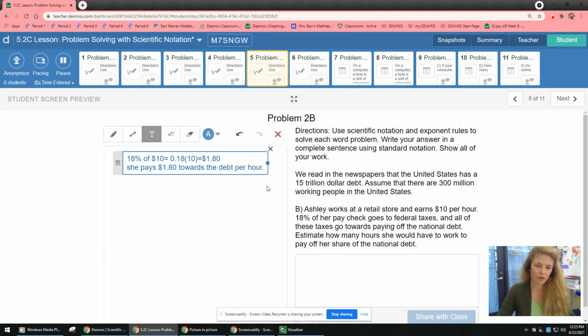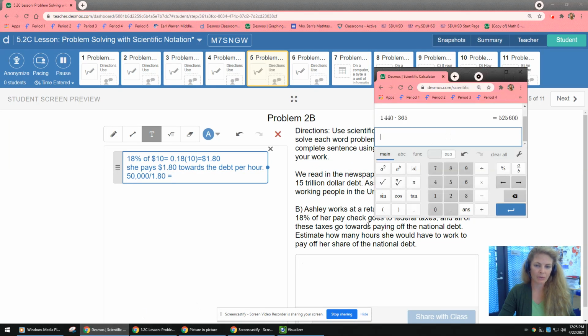But then we want to know how many hours she has to work to pay off her share of the national debt. So remember, her share of the national debt is $50,000. So we're going to take 50,000 and divide that by $1.80. When we do that, and you can do that by grabbing your calculator, if we put in 50,000 and divided that by 1.8, wow, it's going to be 27,777.7 repeating.